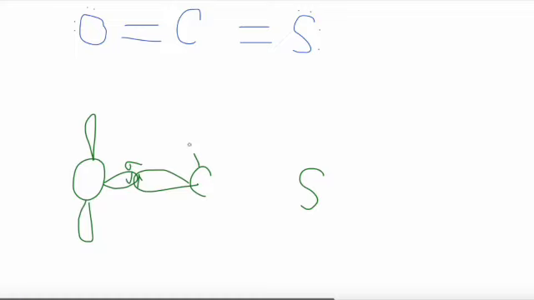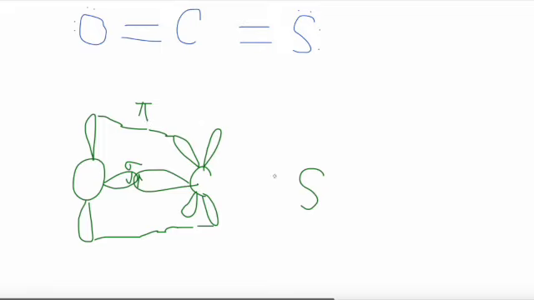The carbon will have 2 p orbitals, each for overlap, right? So it will overlap with this one over here, and this one will overlap over here with this. So this is your one pi bond with carbon and oxygen, and the sigma bond with carbon and sulfur can be shown over here.